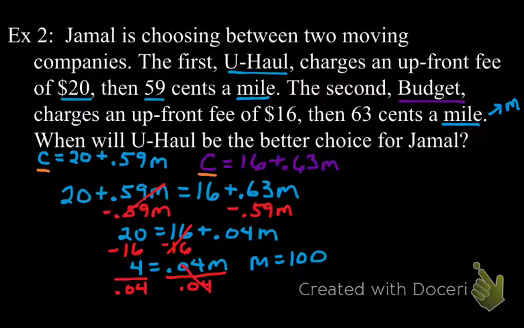So we already had figured out that the purple one here, Budget, is cheaper when you don't drive very far. At 100 miles, they're the same, and what that means for us is if I drive more than 100 miles with my moving company, then U-Haul will be the better deal.